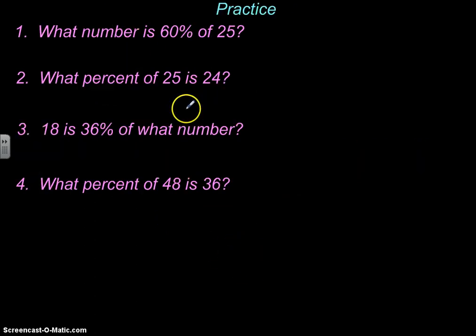Okay, next page. What number X is equals 60%, 0.6 or 0.60 times 25. Multiply 25 times 0.6, we get 15. X equals 15. Okay. What percent X of 25 times 25 is equals 24? Divide both sides by 25.